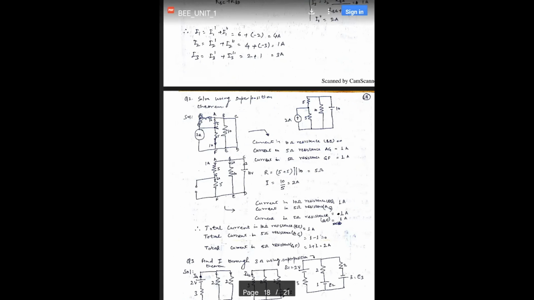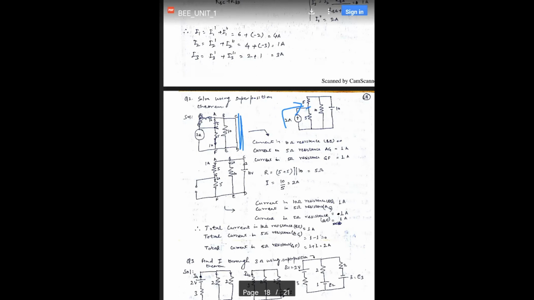We are short circuiting these, and when 2 ampere current is flowing, this is the direction of the 2 ampere current. And when this node is appearing, this current is evenly distributed between these two. So it is 1 ampere, 1 ampere.